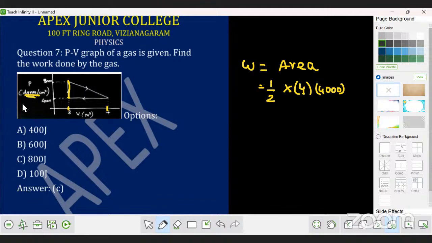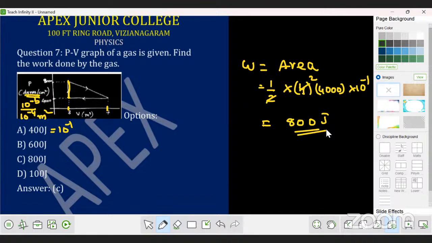In terms of SI unit, one dyne is nothing but 10 power minus 5 Newton. 1 centimeter square is nothing but 10 power minus 4 meter square in SI units. 10 power minus 5 by 10 power minus 4, how much will it be? 10 power minus 1. So you have to substitute that to convert it into SI units. Then it is half into 4 into 4,000, that is 8,000. 8,000 into 10 power minus 1 is nothing but 800 joules. Simply you have to calculate area of the given graph.